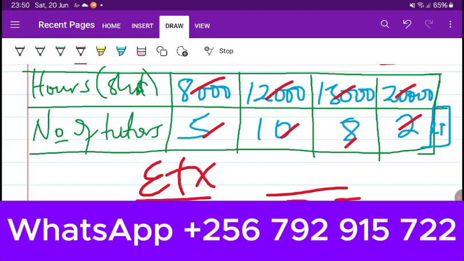The sum you get, you divide it by 25, and that will be the average rate in shillings that we are paying each tutor. So I just don't want to rush myself on computations, but I want you to get where these things are actually coming from.